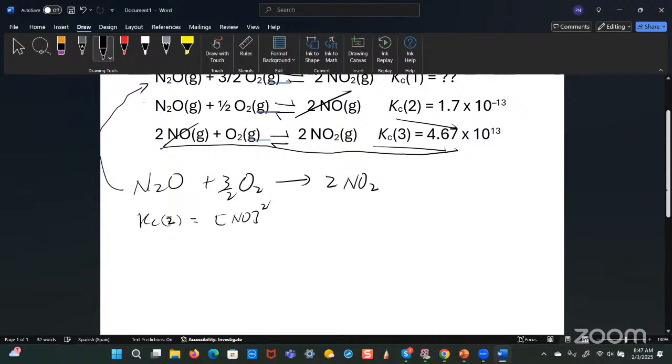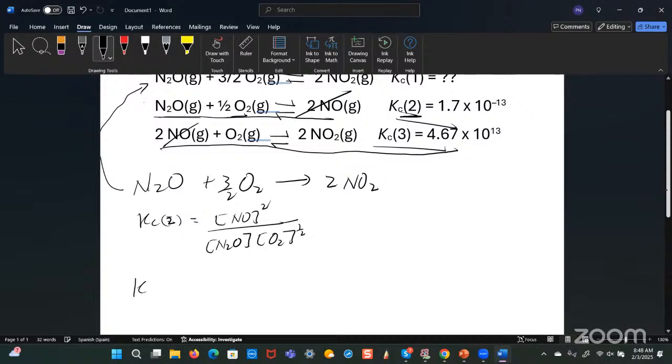Product over reactant, divided by concentration of N2O times, we're looking at this one right here, Kc2. So that's this equation. Someone said something? What about the O2? How do we factor that here? Concentration of O2 to the power of 1/2. Exactly, very good. So that's Kc2.